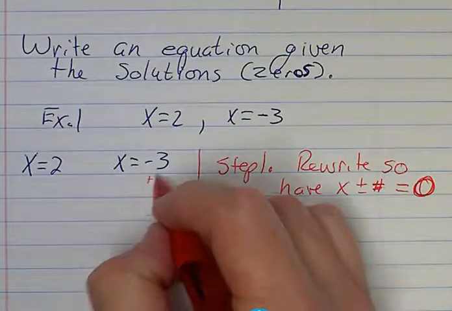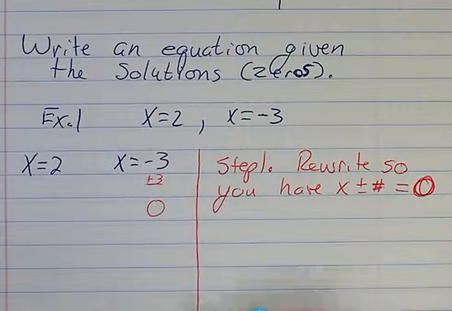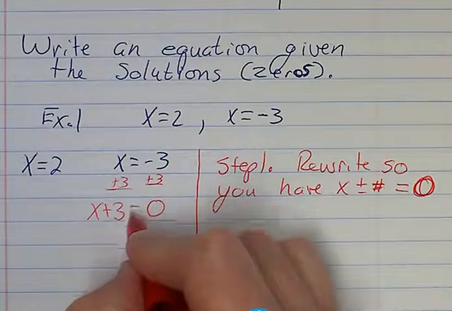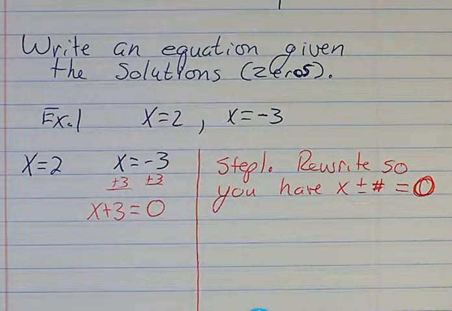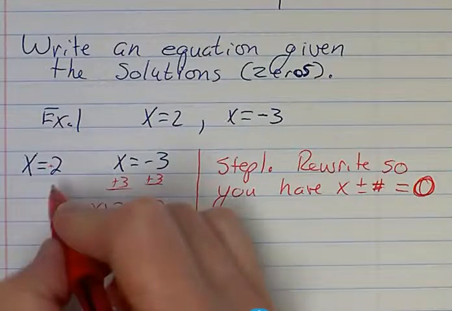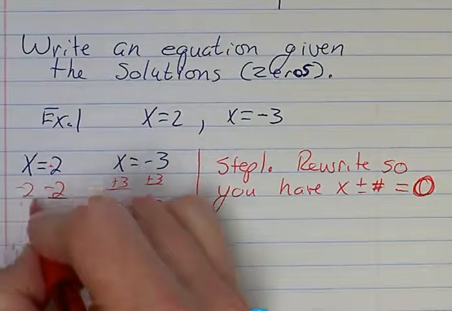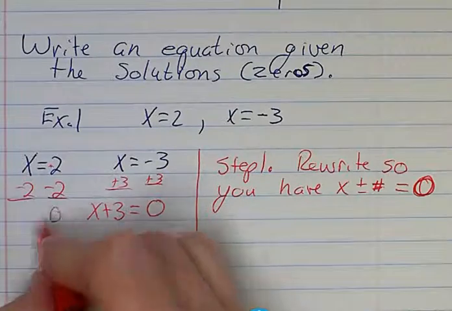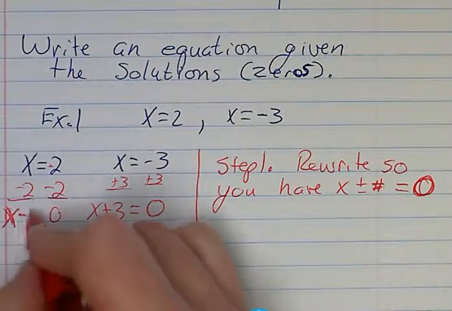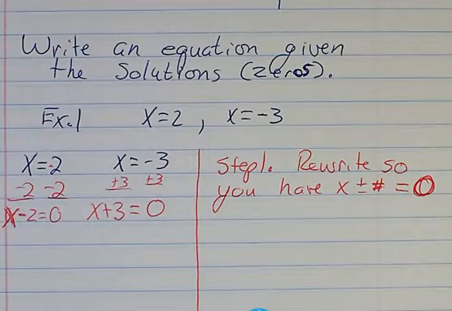For this one, you would just add 3 to make that 0. And whatever you do to the right side, you've got to do the same thing to the left side. So that one's going to be x plus 3 equals 0. This one's a positive 2, so to get rid of the positive 2, you're going to subtract 2 on both sides. So that one we've got x minus 2 equals 0.